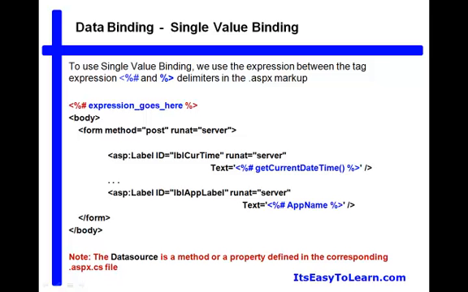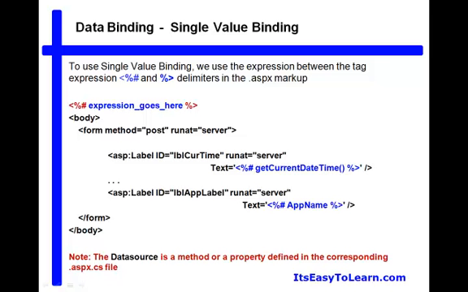To use single value binding, all we need to do is, on the ASPX markup page, specify the tag with the delimiters <% and %>. In between these delimiters comes the data binding expression. For example, let us say we have a label, and on the label we want to display the current date and time. So we specify the text for this label as a data binding expression.